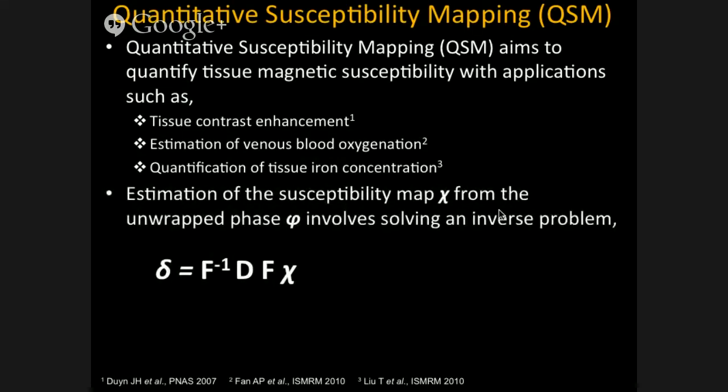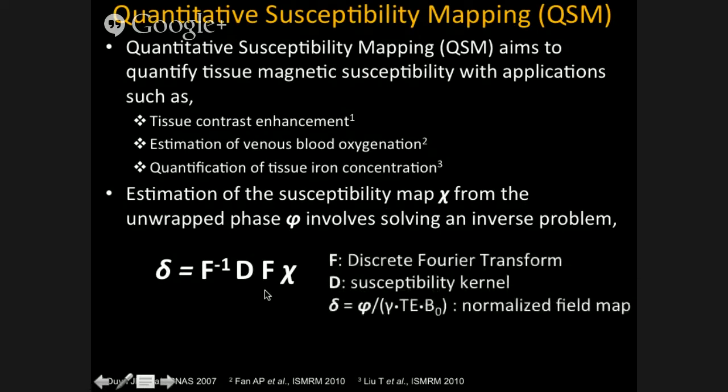And estimating the susceptibility from the observed phase involves solution of a linear system. So here F is our discrete Fourier transform, D is a susceptibility kernel, and delta is simply our phase normalized by the echo time and the external field strength. So again, we measure the phase, and from this we would like to estimate the susceptibility by solving such a linear system.